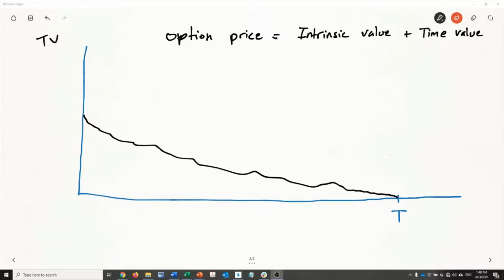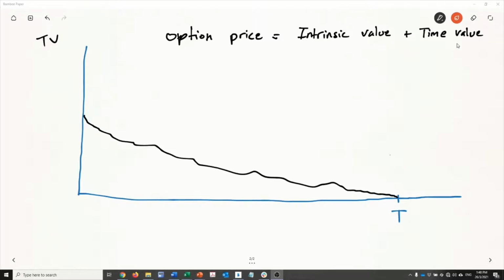We learned in chapter 10 that we can decompose the option price into two components. One is the intrinsic value and one is the time value. Again, we can decompose it into more factors, but since this course is an introduction, we will assume that we only decompose the option price into these two components.